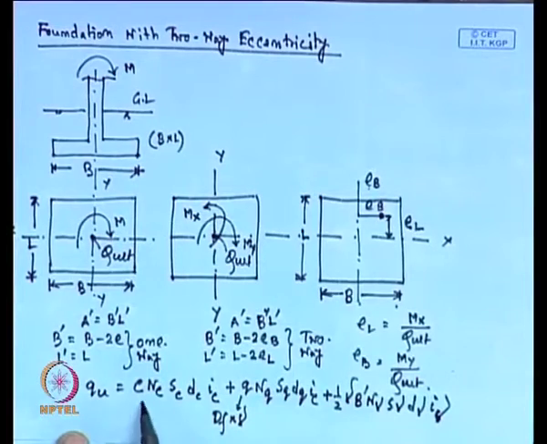So, here c is the cohesion of the soil. Here we know this is the general expression.